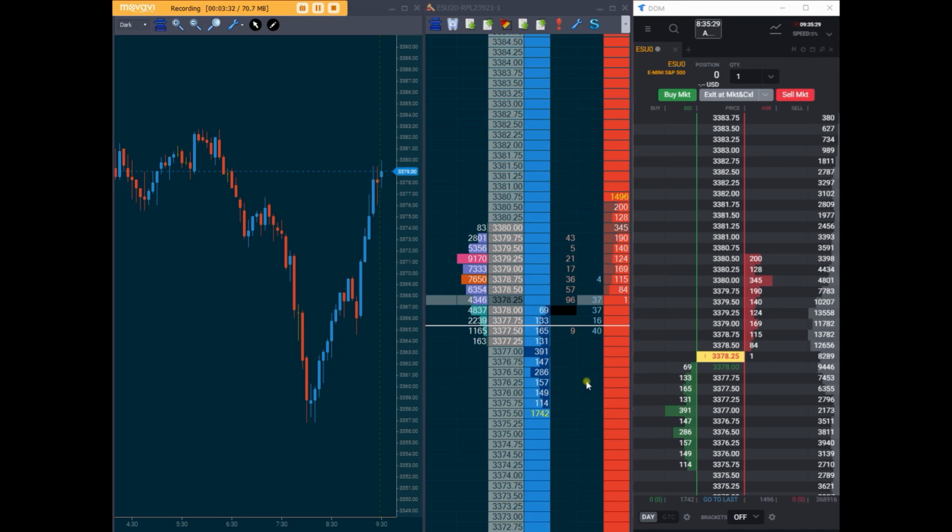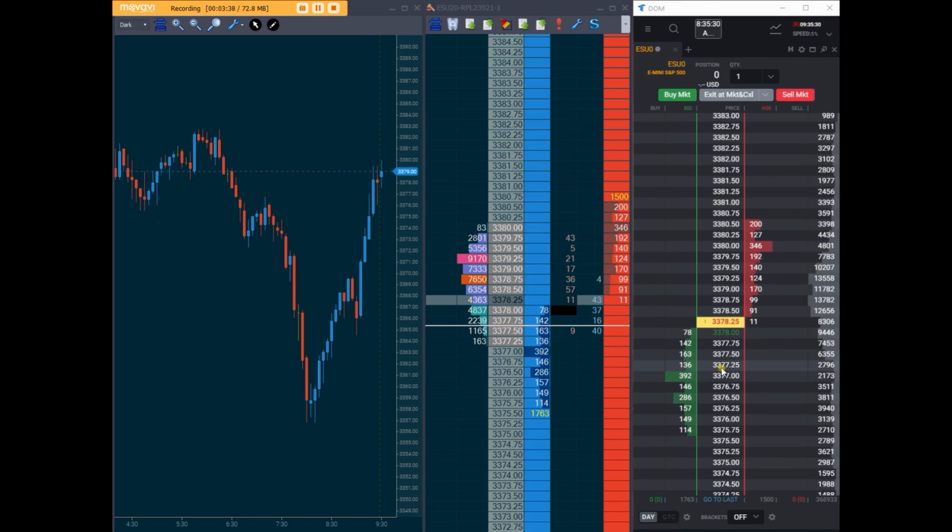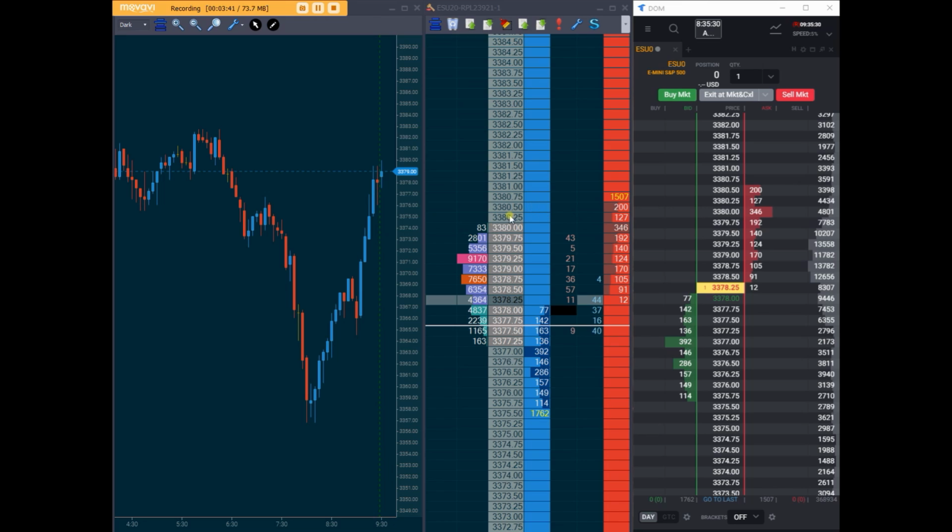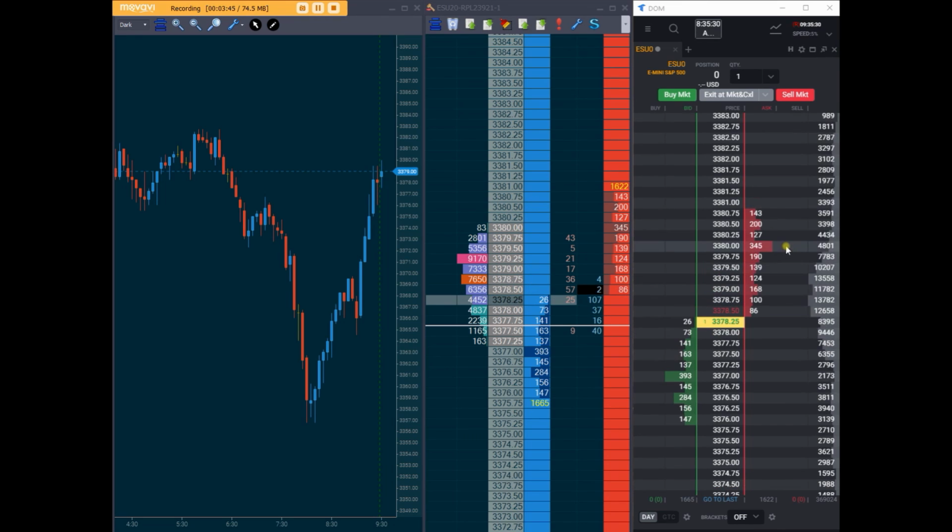So I'm showing here the Jigsaw depth of market and then Trade8 depth of market. I'm going to go more in depth behind why I prefer the Jigsaw, but the standard depth of market that you get with your broker platform is fairly basic. Most of them will just show you the price, the first 10 inside bids, first 10 inside offers.